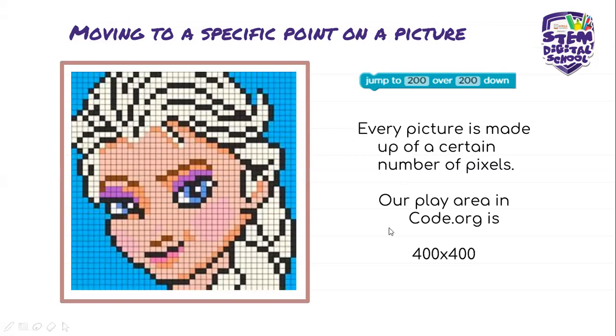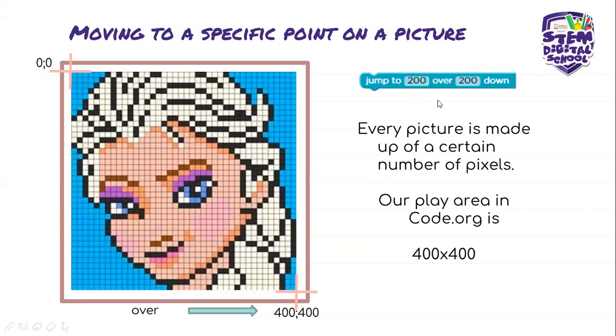And our play area in Code.org, like I said, is 400 by 400. Right in the corner will be 0 by 0, and right at the other corner, that will be 400 by 400. Because remember, if we move from left to right, that is represented by over. That is what you see up here.